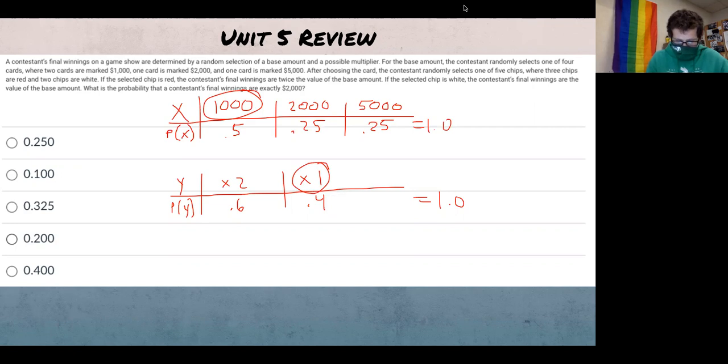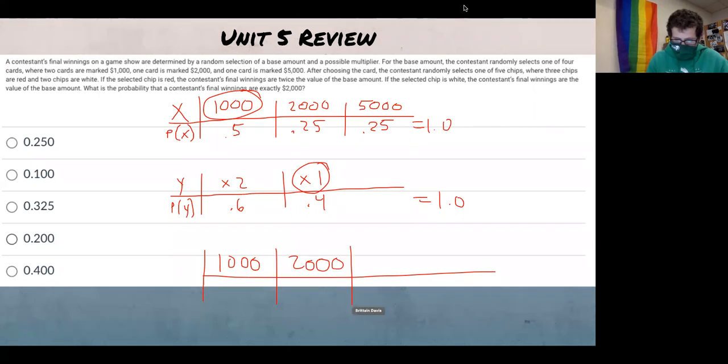With X and Y happening, I can get different outcomes, which include $1,000, $2,000, 4,000, 5,000, and 10,000. Those are the only outcomes that we have.